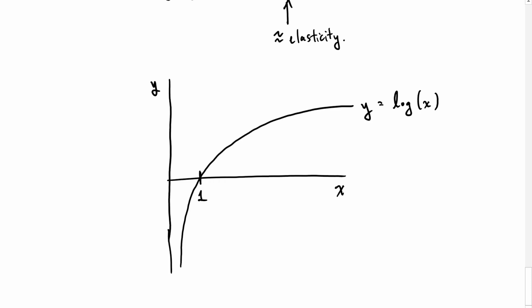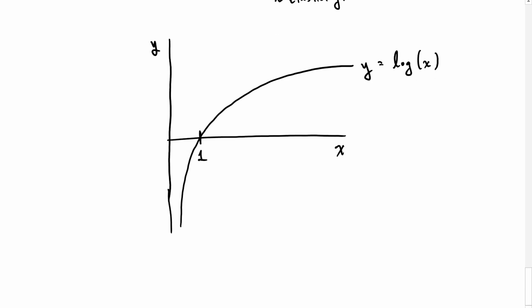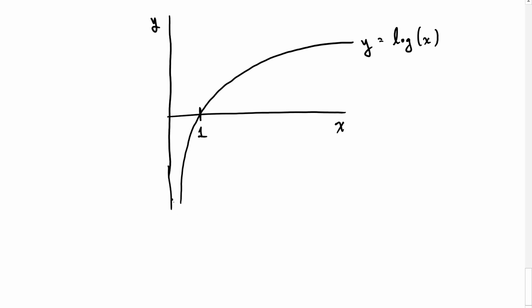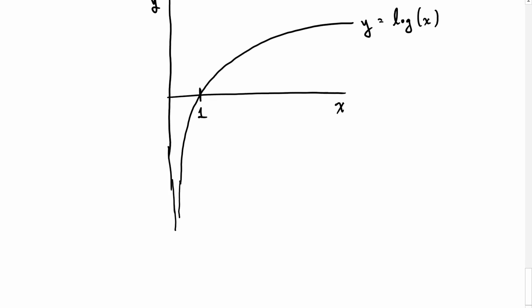And it crosses the x-axis at 1. It gets closer and closer to 0, but it never actually hits 0. So what we call that in math is it's asymptotically bound by 0, which is another sometimes useful trait. So again, that's what a log function looks like.